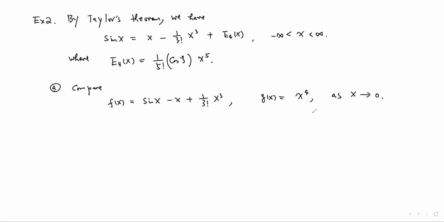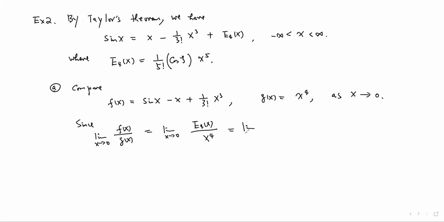As x approaches 0, function f approaches 0, function g approaches 0. Which one is faster? Because f of x over g of x, let me compute this limit. From this inequality, I move the first two terms to the left side, then function f actually is E4x, and function g is x to the 4th.